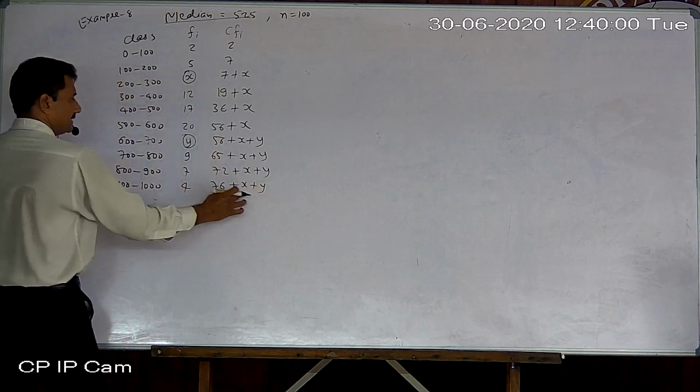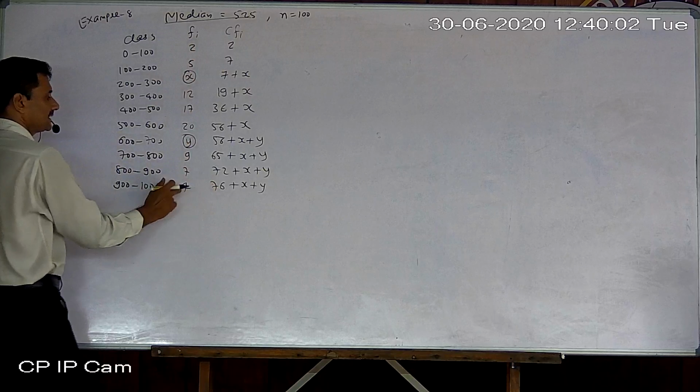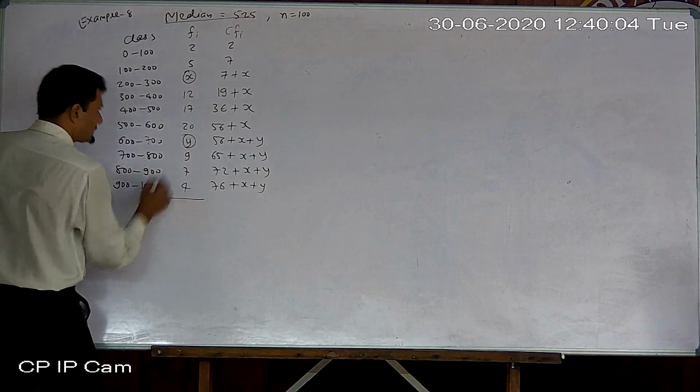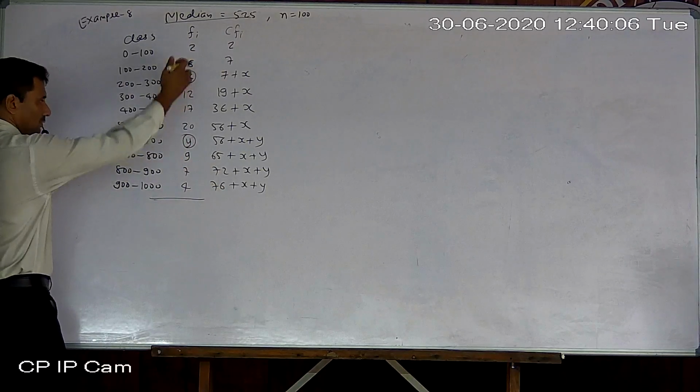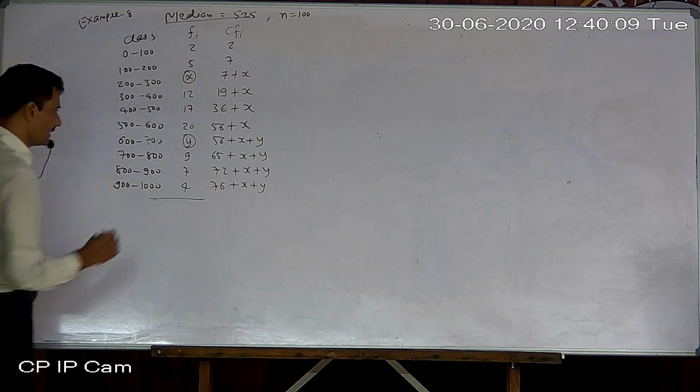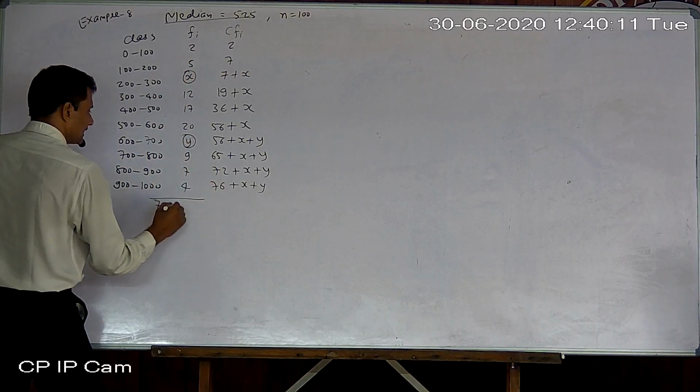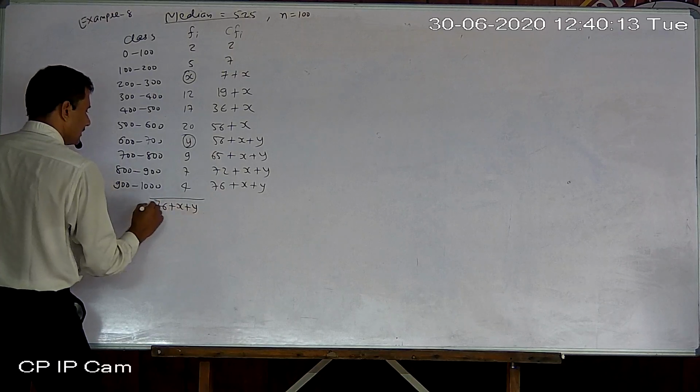Indirectly, this is the total of the sigma fi column. So no need to make the total again here, because this is the total of all frequencies. So write down, 76 plus x plus y, that is nothing but n.